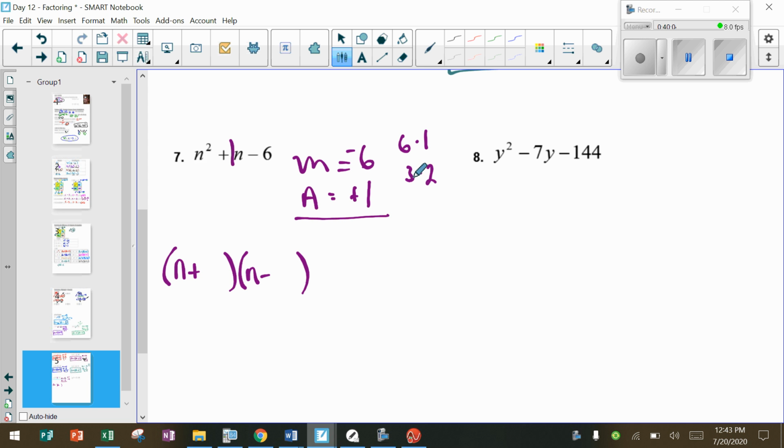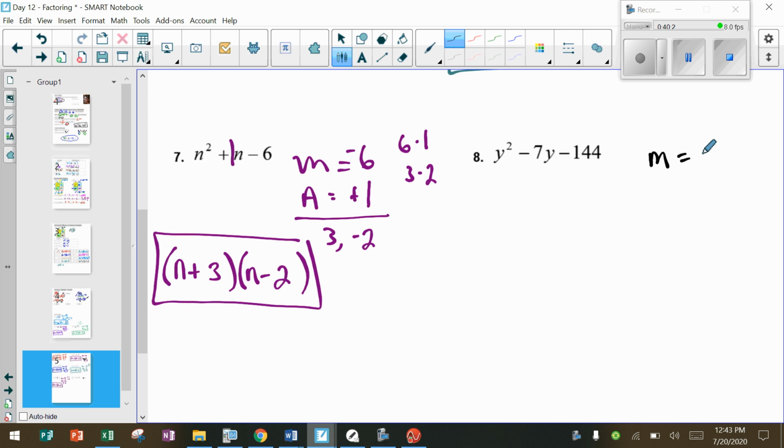So 3 and 2 could make a 1 if I did 3 and negative 2. And then 3 times negative 2 would also make the negative 6. So positive 3, negative 2. That's it. And our last one, bigger number this time. Two numbers that multiply to be 144, and the same two numbers are supposed to add to be a negative 7.